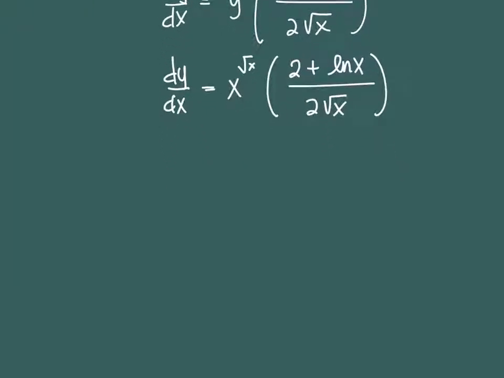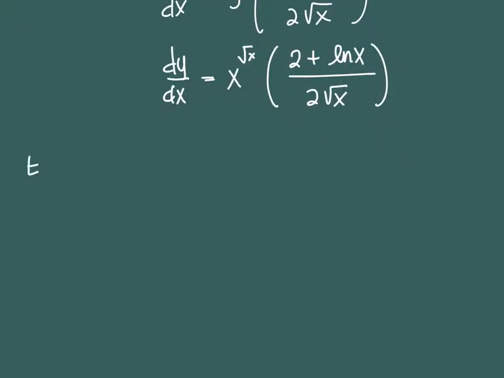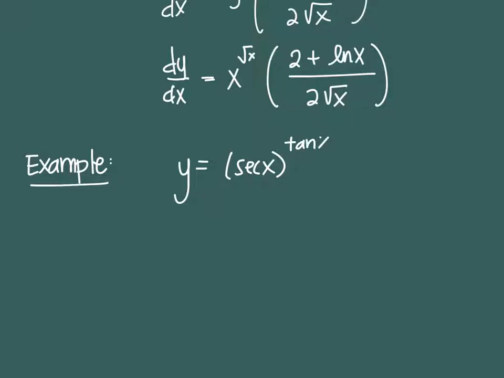I want to do another one of these super exponentials with you. Tom, how about you take the lead on this one? All right, so let's do y equals secant x to the tangent x. This is a super exponential, so we're going to apply the natural log.